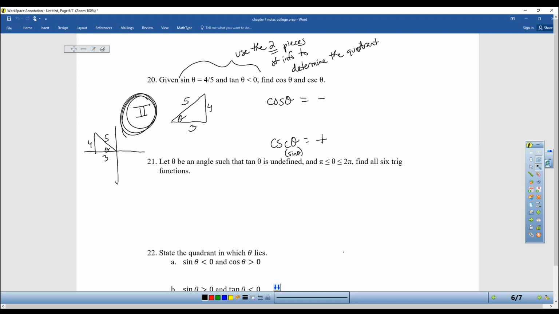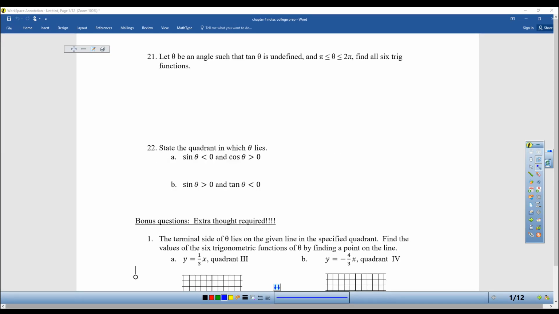That's really the purpose of drawing it in the right quadrant. But if you kind of like, no, I really like having this labeled as -3 and this is +4, and then the hypotenuse is always positive, and then I can see it better, by all means, draw it in the correct quadrant. So cosine of theta is adjacent, there's my negative, over hypotenuse. Cosecant is the flip of sine, so it's going to be the hypotenuse over the opposite.